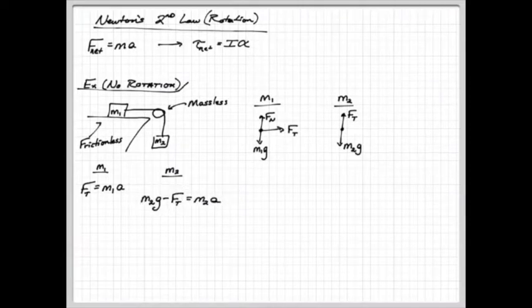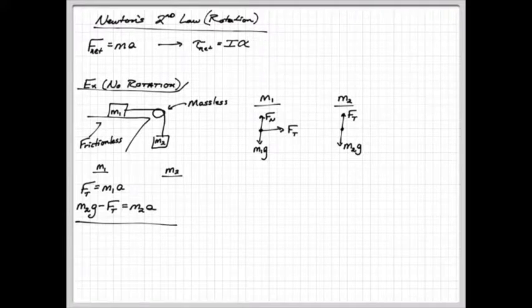So to solve this for the acceleration, one of the tricks we can use, which will prove more useful when we start adding rotation, is let's combine these equations by simply adding both sides. So we'll add the left side together and we'll add the right side together out of these two equations. You should see that because the tension is both positive and negative on the left side, those will drop away and we're left with just the weight, mass 2 times gravity.